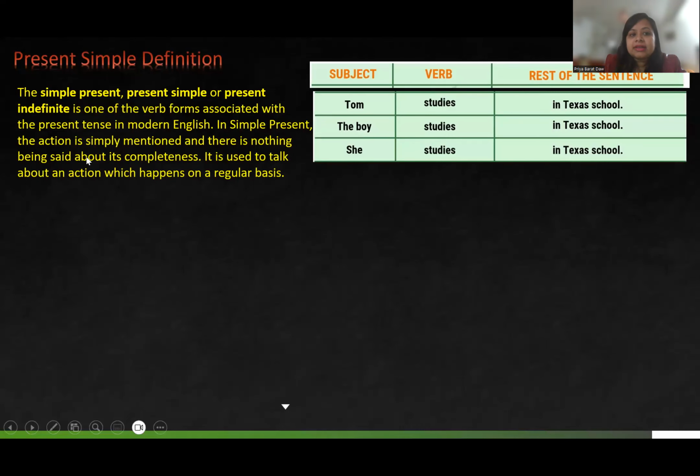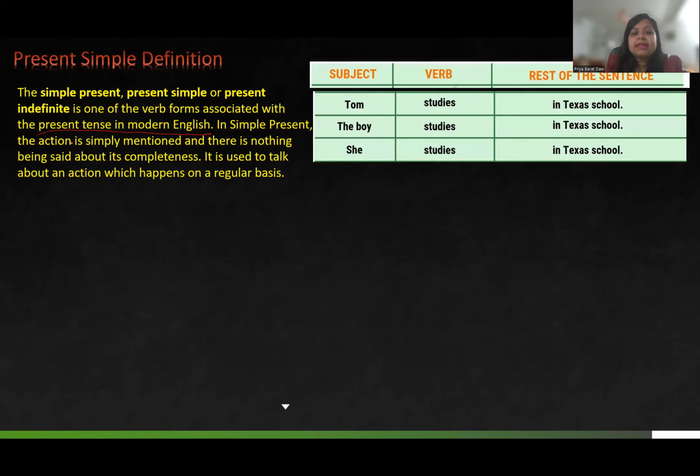And then we will discuss the definition of present simple. The simple present or present indefinite, all of them are the same, is one of the verb forms associated with the present tense in modern English.